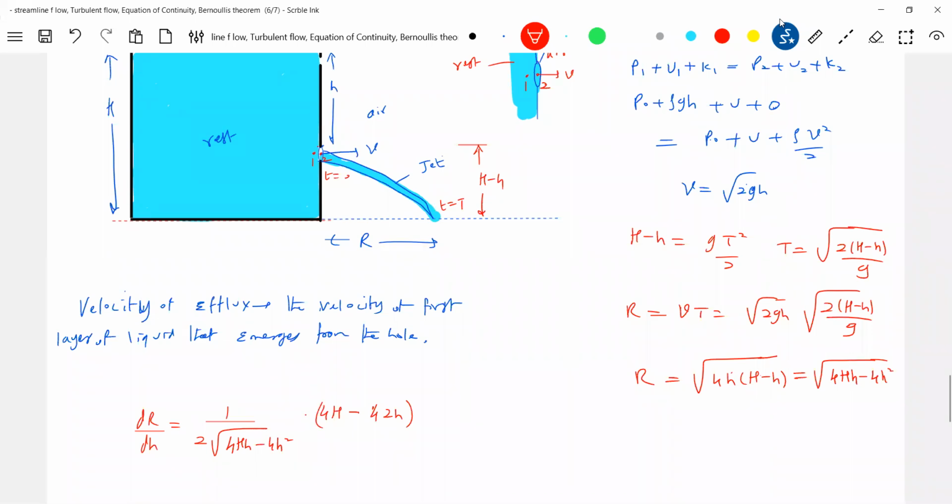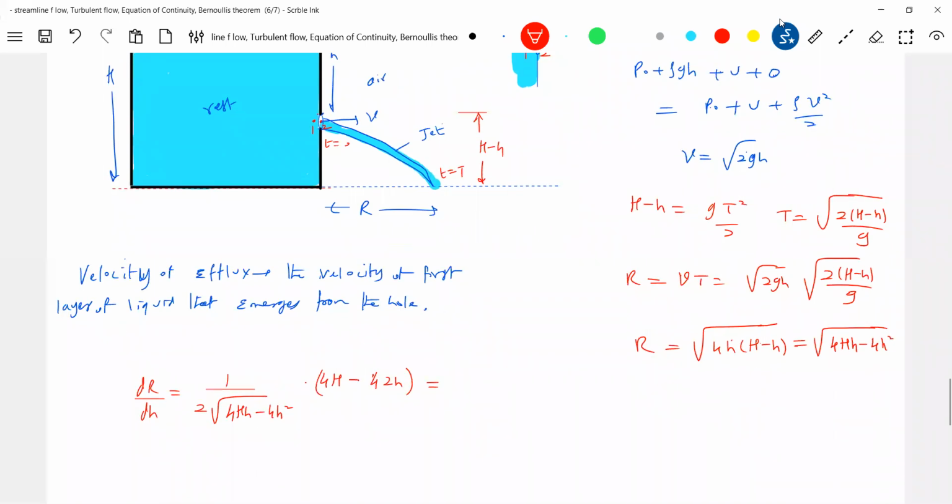Will I agree? Okay, now if I further simplify, 4H minus 8h by root of 4h(H minus h), let me equate this to 0. So h is equal to H by 2. This value of small h, I'll substitute here. Then I'll get the range.